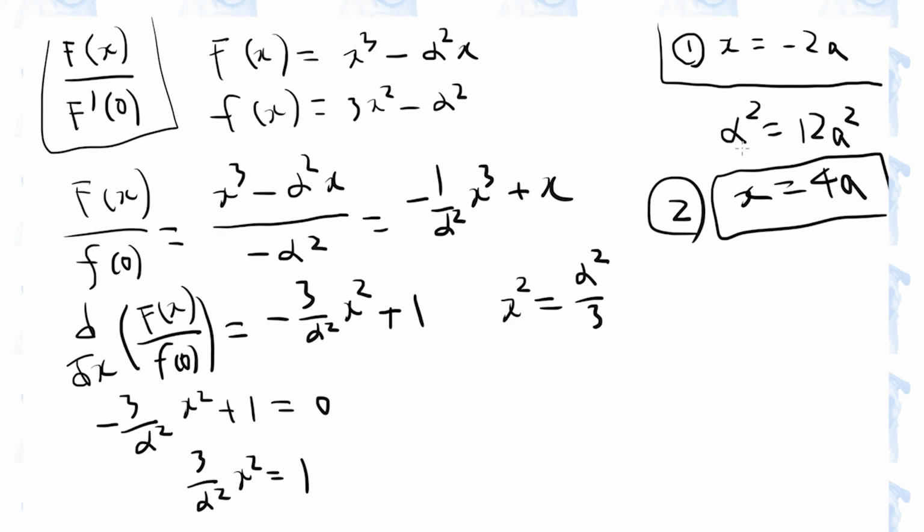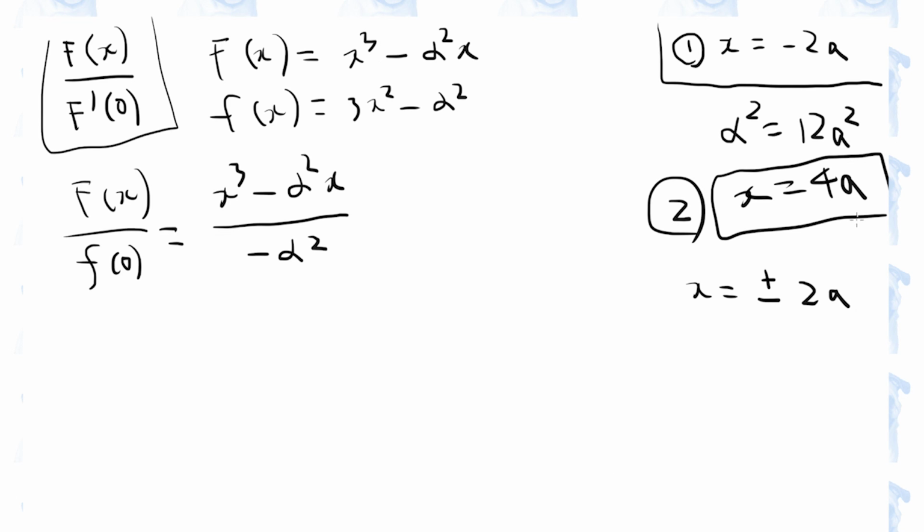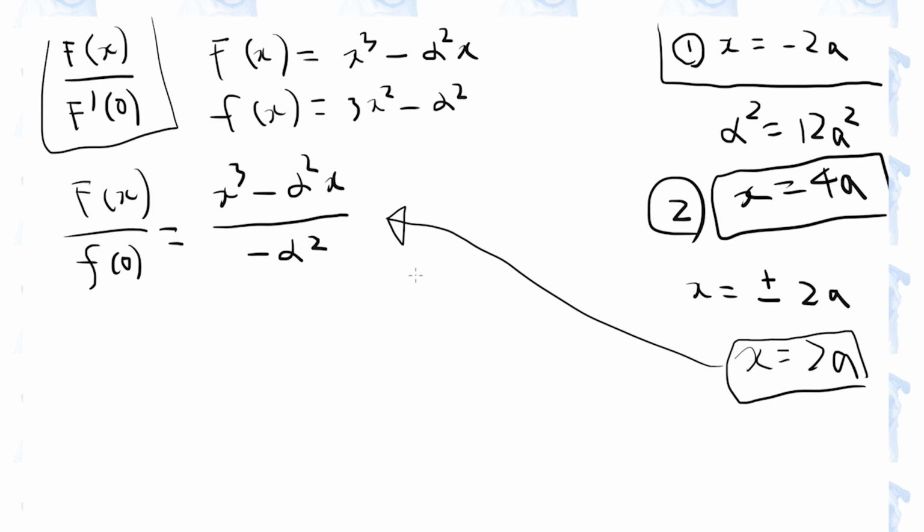Now we know that alpha squared is 12a squared. Since we are dealing with the maximum value, we will pick the positive version and substitute this value into this expression.